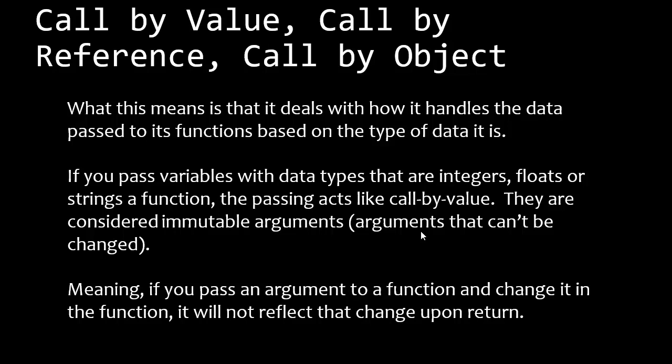Sorry about that. So integers, floats, or strings in Python are considered immutable arguments. They cannot be changed. So if you pass an argument to a function and change it in the function, that change will not be reflected upon return. Does that make sense?